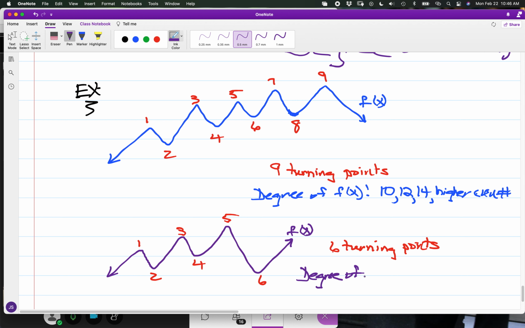And for the degree of f of x, it's at least one greater than the number of turning points. So it could be 7, 9, 11, and if it's anything else, it's going to be a higher odd number. Okay, all right. So those are the cases of what we have regarding turning points.